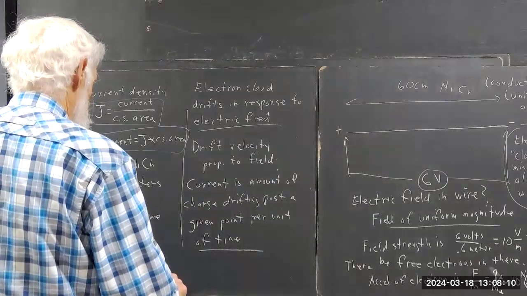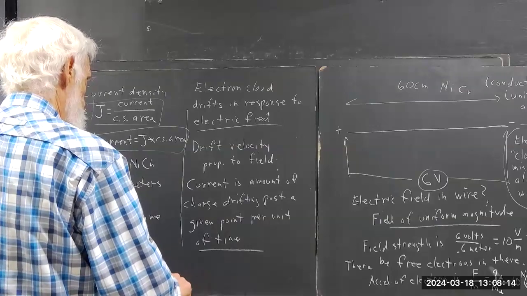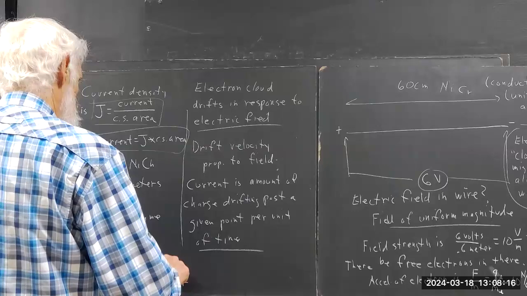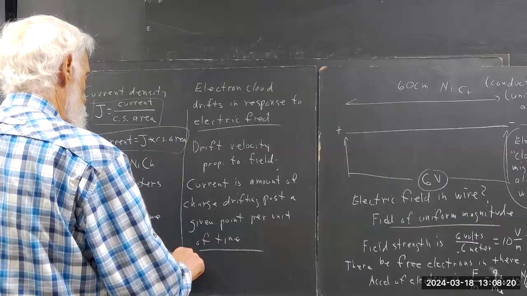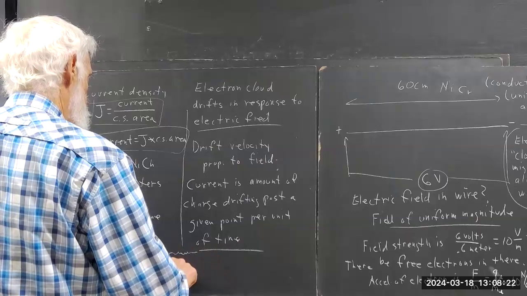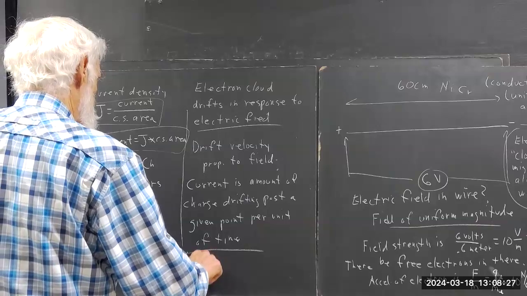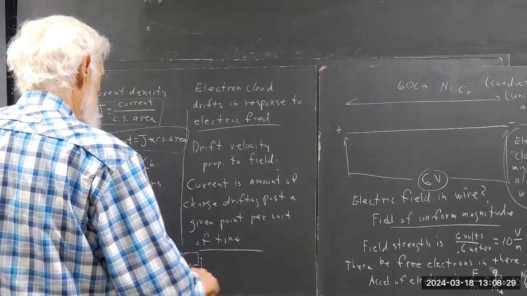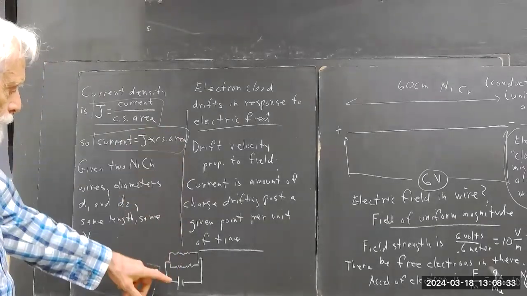In other words, it's like maybe we have a source down here. And here goes one wire, and here's the other wire. So they're kind of in parallel. That's just a quick schematic.